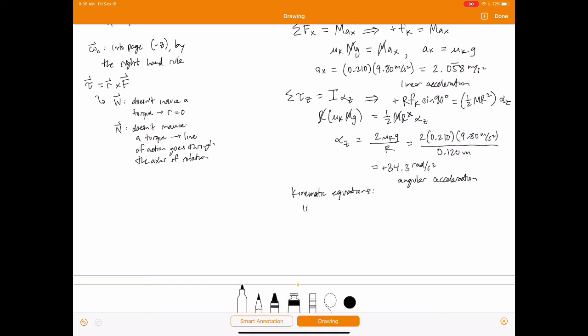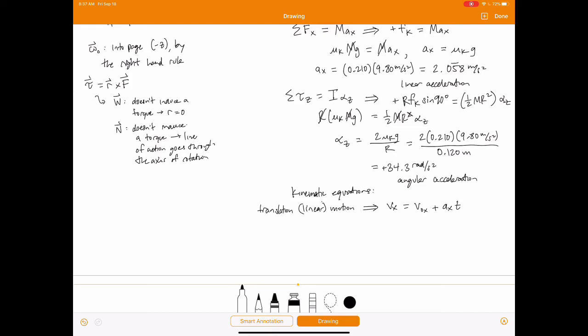So the linear kinematic equations, the linear motion, also known as the translational motion. Well, we could talk about the velocity of the wheel using this equation, Vx, that's the final velocity along the x-axis, is equal to V naught x plus ax t.